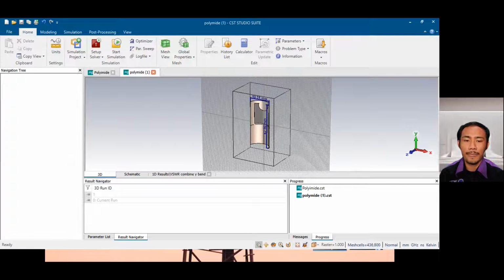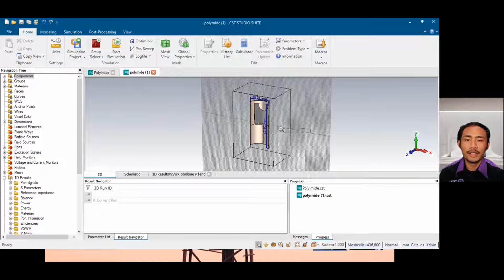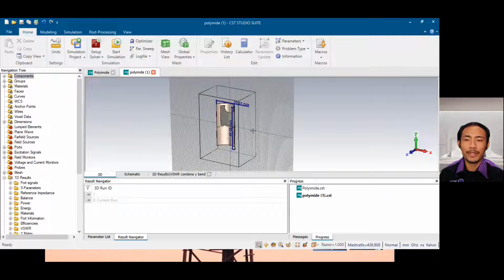This one is for the bending antenna of the polymer substrate. I think with this last explanation of the bending antenna, I would like to end my presentation.